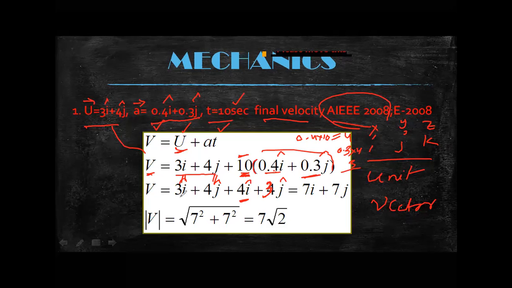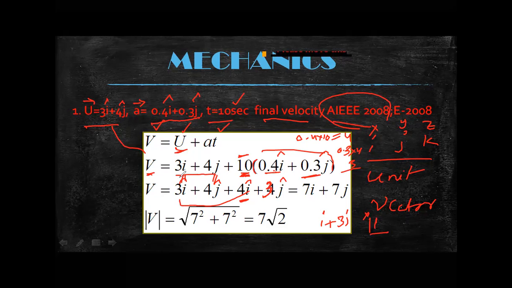When you add, you can add only i with i. You cannot add i plus j, you cannot add i plus 3j. It's not possible, because i is along the x-axis and j is along the y-axis. You can add only the i components along the x-axis.